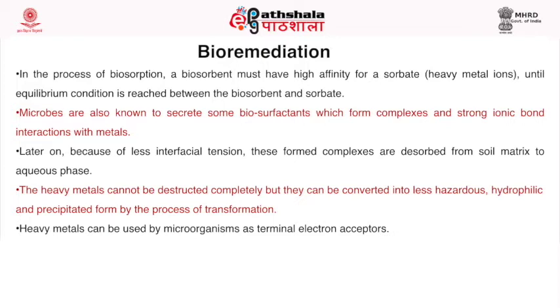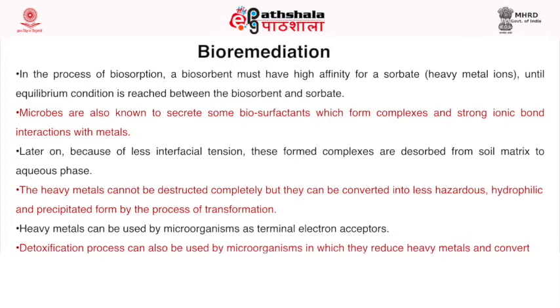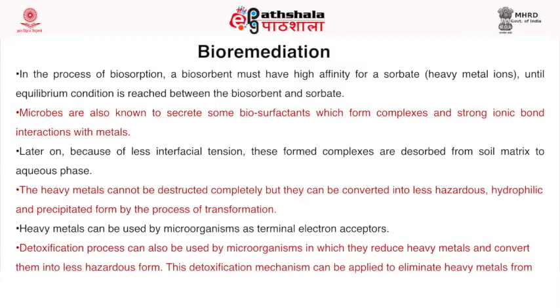Heavy metals can be used by microorganisms as terminal electron acceptors. Detoxification can also be used by microorganisms, in which they reduce heavy metals and convert them into less hazardous form. This detoxification mechanism can be applied to eliminate heavy metals from the contaminated site.